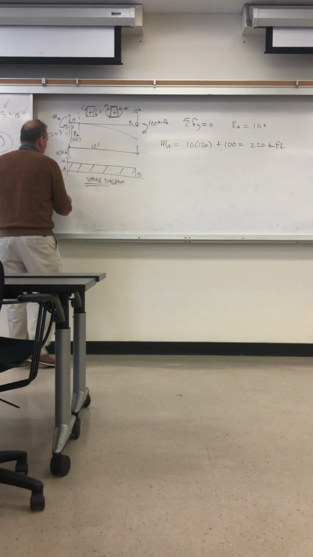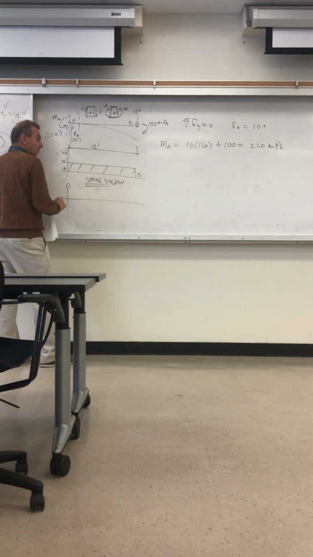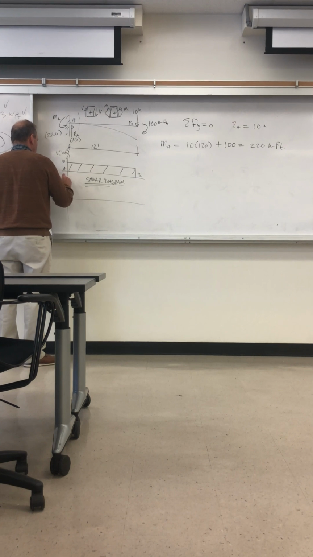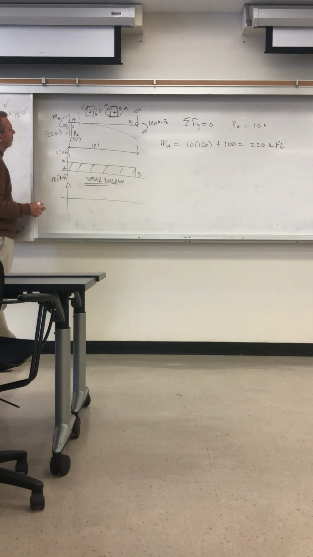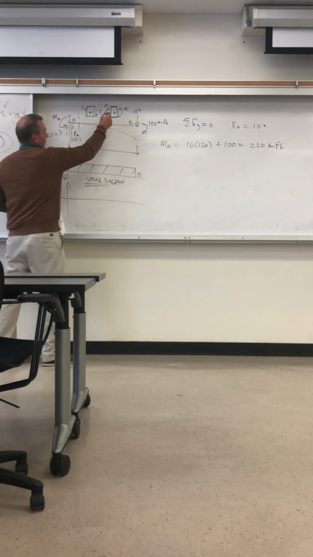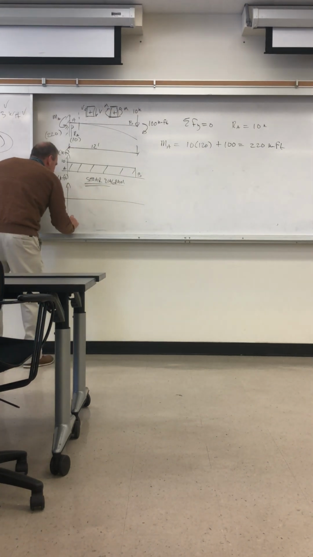So let's draw the moment diagram. Negative curvature is negative bending. At the left, I have minus 220. You see how it's this way? It's opposite to our definition of positive, so it's minus 220.